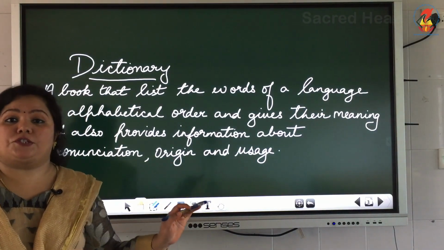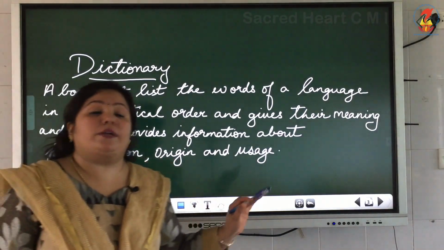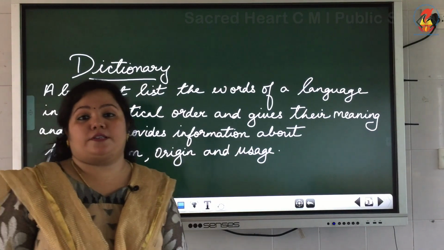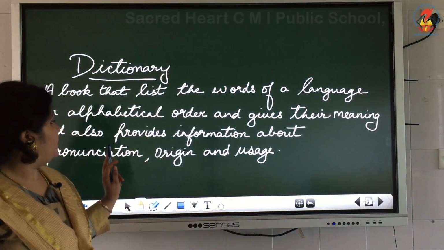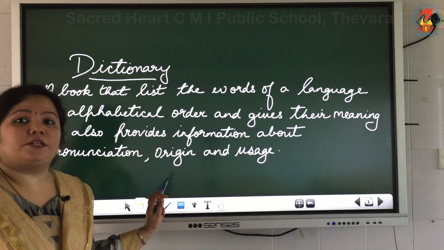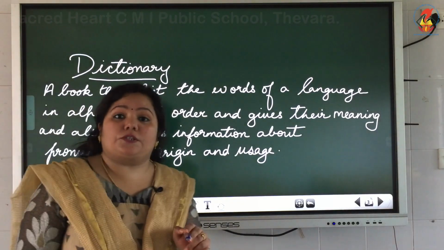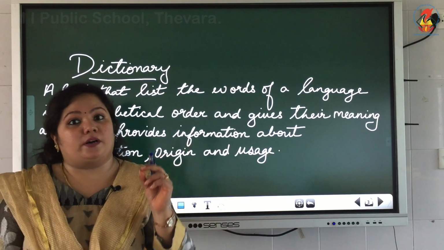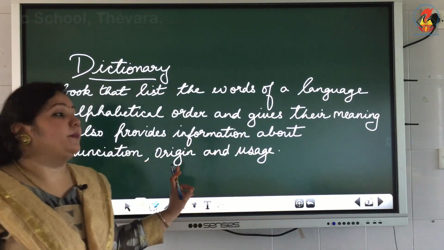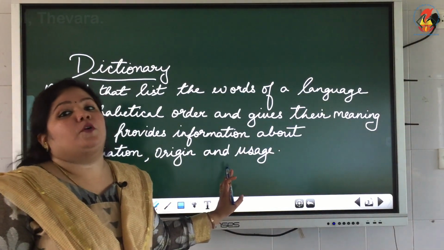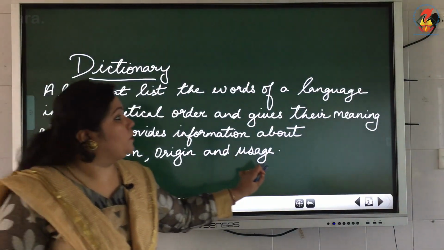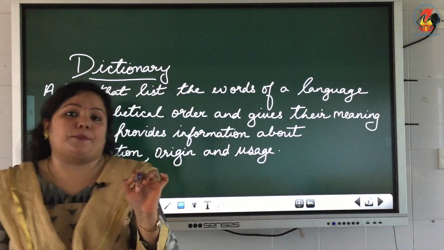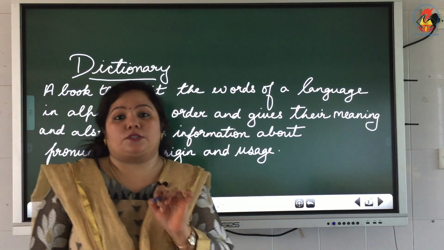Along with the meaning of the word, you can also find how the word is pronounced. Every word has an origin, that is, from where the word is formed. That information you can also get from your dictionary. And also the usage, that is, how to use a word properly. That is also mentioned in the dictionary.